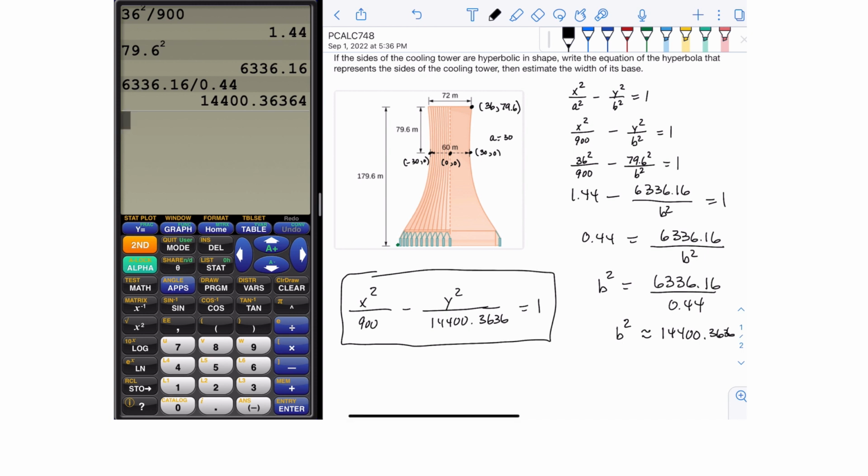Now what we want to do is use the given information to estimate the width of the base. So that means this down here.